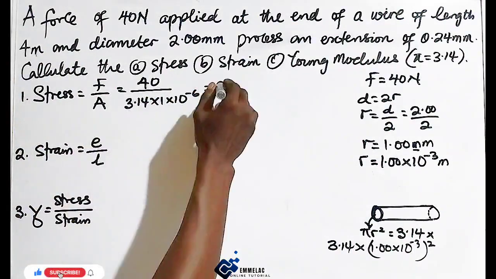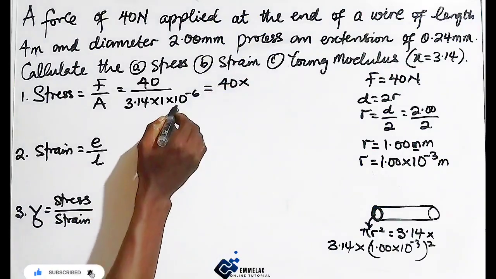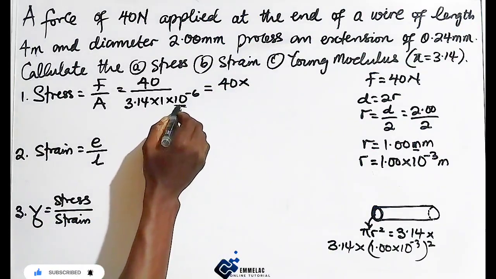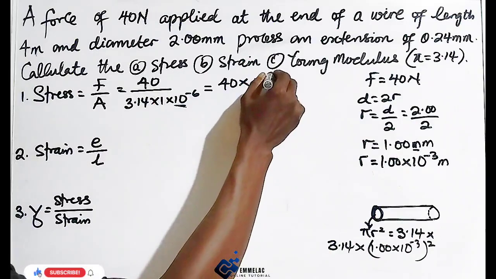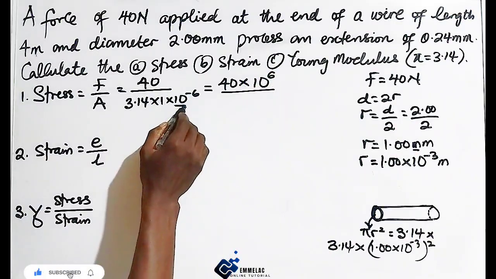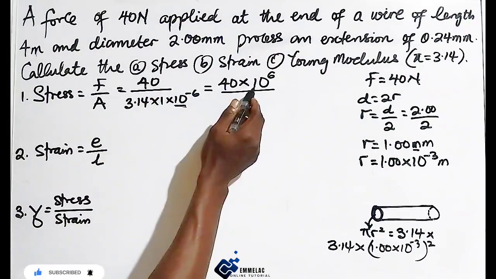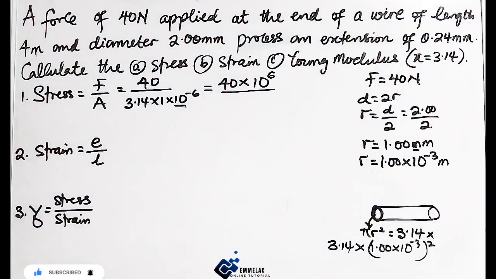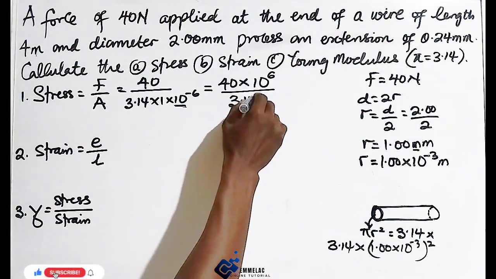So this will definitely give us 40, then times, now we can just bring 10 to the power of negative 6 to the numerator, it becomes 10 to the power of 6, now all divided by 3.14.